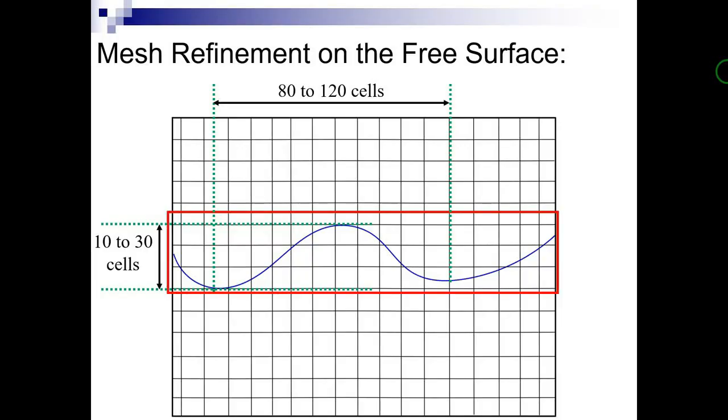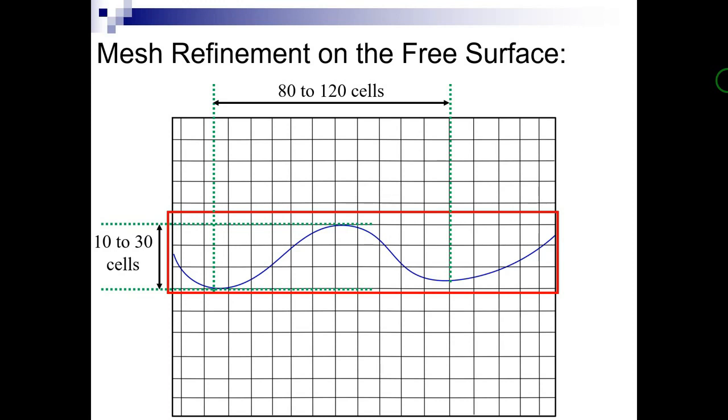In this tutorial, as we are using the VOF approach to resolve the position and the shape of the free surface, it is necessary to apply proper local mesh refinement at the free surface. In this regard, as a rule of thumb, as shown here in this figure, the refinement normal to the undisturbed free surface can be made by discretizing the free surface in this direction using nearly 10 to 30 cells per wave height.